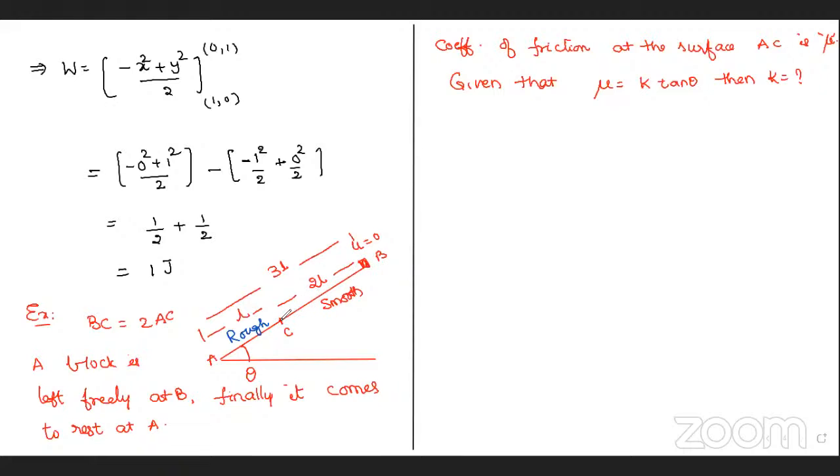It slides down, gets some velocity here, and then decelerates and comes to rest here. Then mu is equal to how much? For mu, you will get some answer, like 3 into tan theta or 3 by 4 into tan theta. Then that k value is what he is asking, whether it is 3 or 3 by 4 or 2 or 1 or some value.